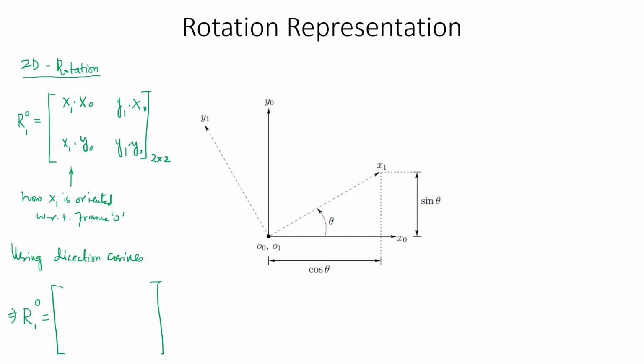When you take the dot product between x1 and x0, this is how the x1 vector is projected onto the x0 axis, and that obviously is cos of theta because these are unit vectors. So I'm going to write cos of theta over here. Similarly, how x1 is oriented with respect to the y0 axis, that obviously is sine of theta, so I can write that down.